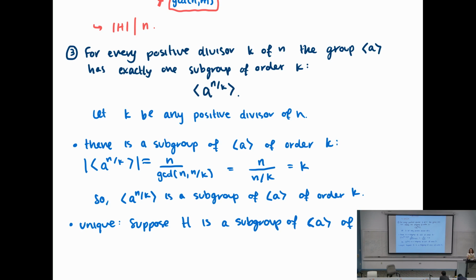We'll prove that it has to be equal to this one that we've already written down. In part one of the proof, we showed that H is equal to A to the M, and we also showed in part two that M is a divisor of N.